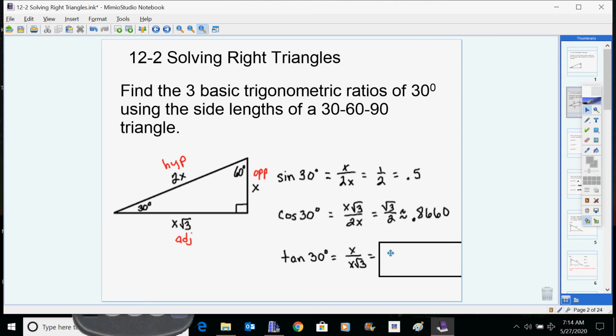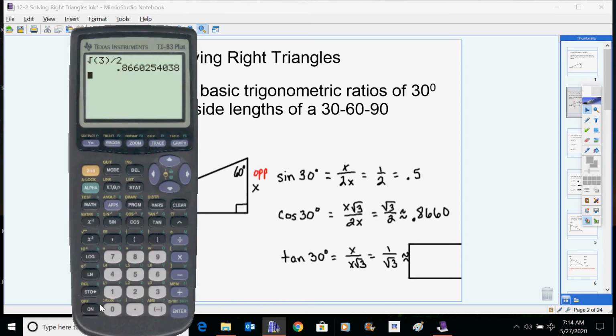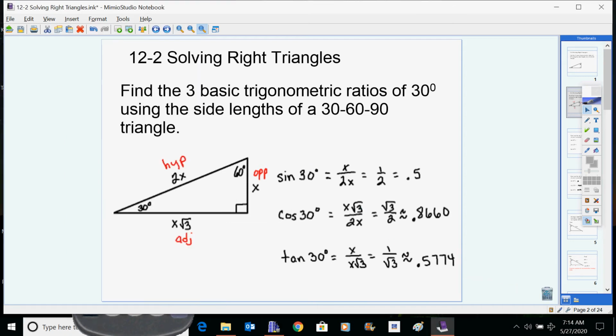The x's cancel out. 1 over the square root of 3, and we can divide that out: 1 divided by the square root of 3 is 0.5774. Don't forget to use your rules of rounding correctly.